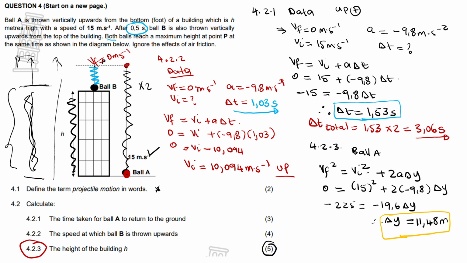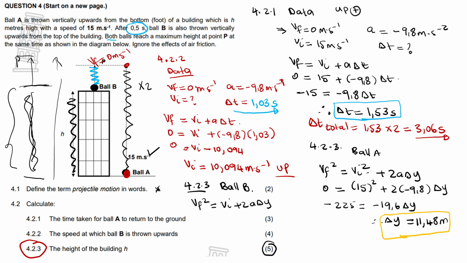We need to find the height traveled by ball B. So for 4.2.3, we need the height traveled by ball B. Let's work on that. So this will be V final squared equals V initial squared plus 2a delta y.